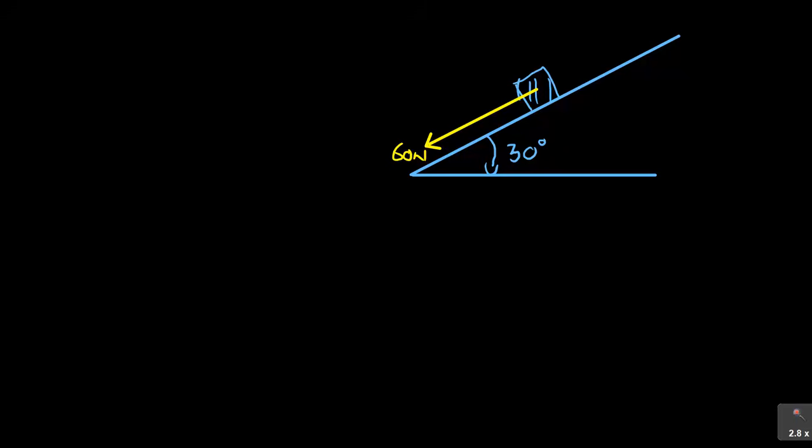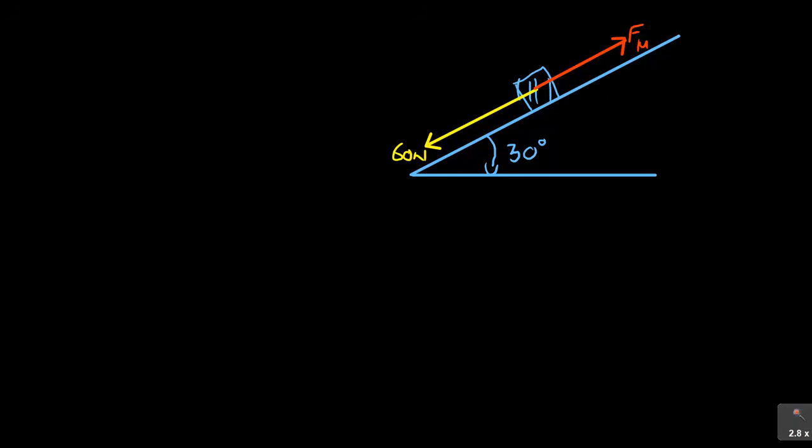Remember, friction always opposes movement. So there is friction that is going upwards in this case. So you'll always have friction opposing the motion of the body, and we call that F mu.